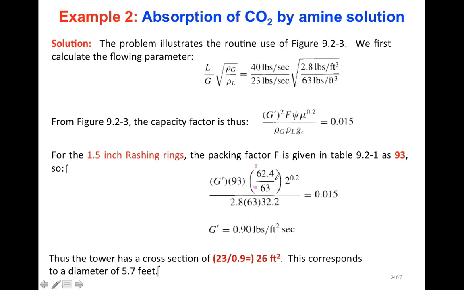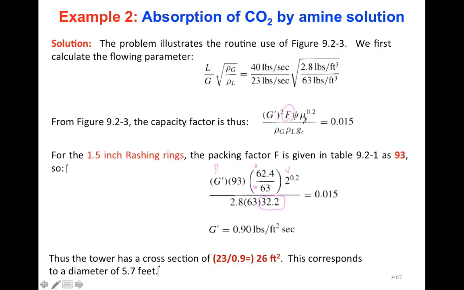It's not given in this question, but by default in the English system, the density of water is 62.4 pounds per cubic foot, right? So this is the ratio of the densities that we have, and also rho G, the densities, are given. Gravitational acceleration in the English system is 32.2. Viscosity was given as 2. G prime is missing, and the packing factor.